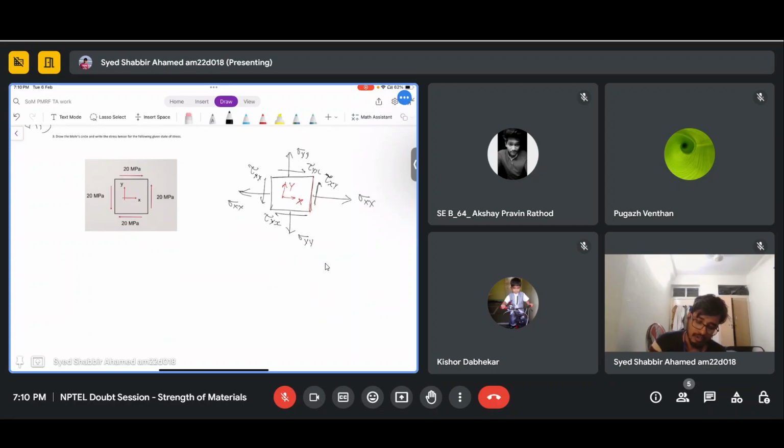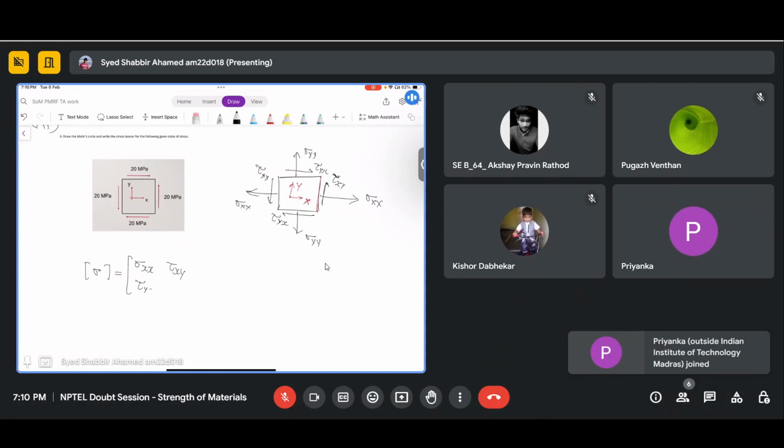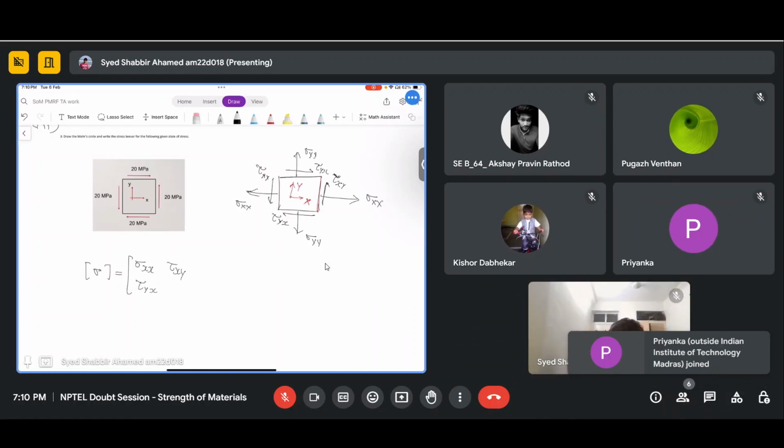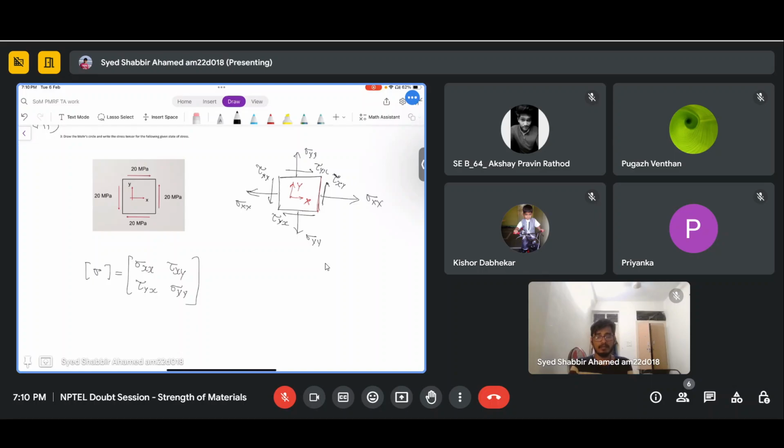So by comparing these two, I can write the stress tensor like this: sigma xx, tau xy, tau yx, and sigma yy.